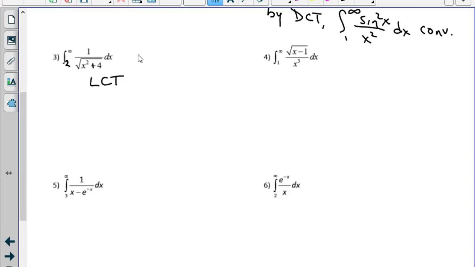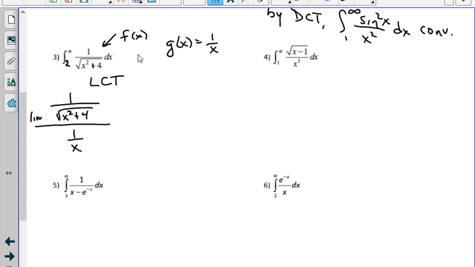So if I did the limit comparison test in this particular problem, and you don't have to necessarily write this down because we'll do more limit comparisons in a minute, I have 1 over root x squared plus 4. I'll treat that as my f of x, and then g of x, I will make 1 over x.